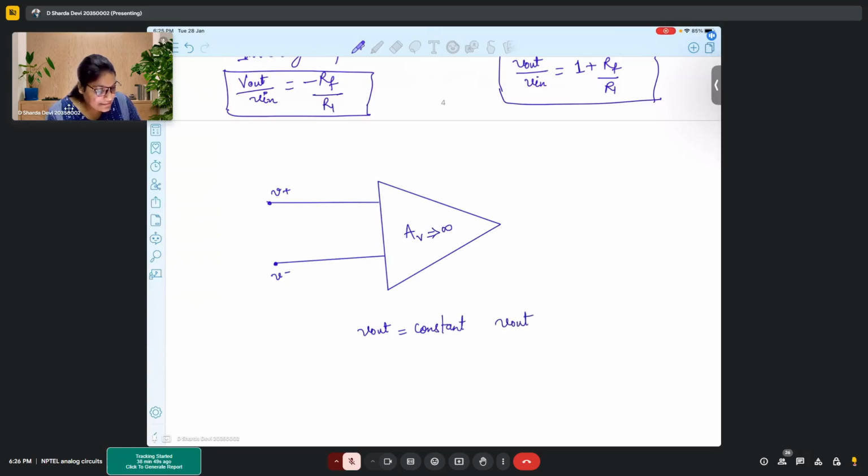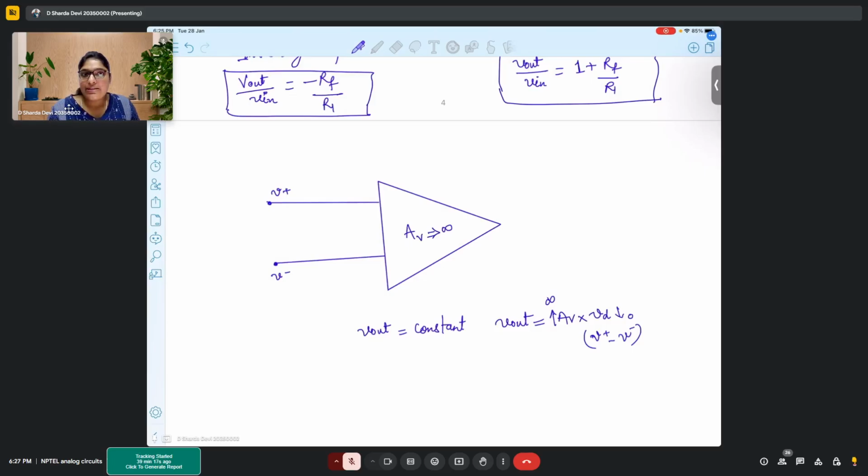So V out is AV times VD, that is V plus minus V minus. So if this tends to infinity, then VD should tend to zero, correct? To balance it out, if one tends to infinity, the other has to come down to zero, to get that balance.